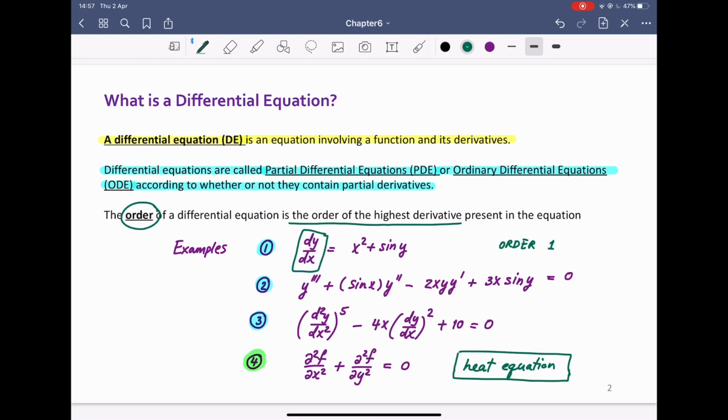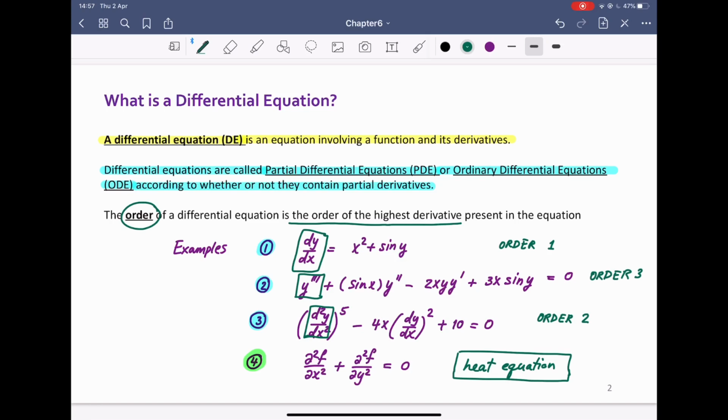This is the first order derivative, so the order is 1. For number 2, this is a differential equation of order 3 because the order of the highest derivative is 3. You can see the third order derivative here, y triple prime. For equation 3, the order is 2 because you have the second order derivative here.